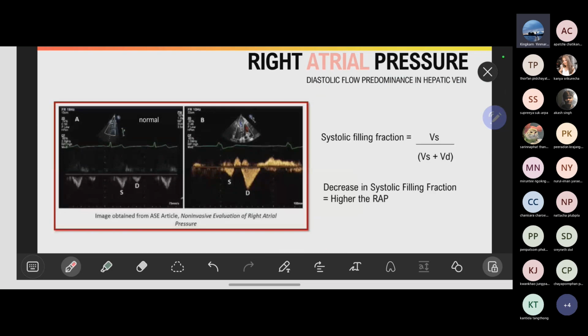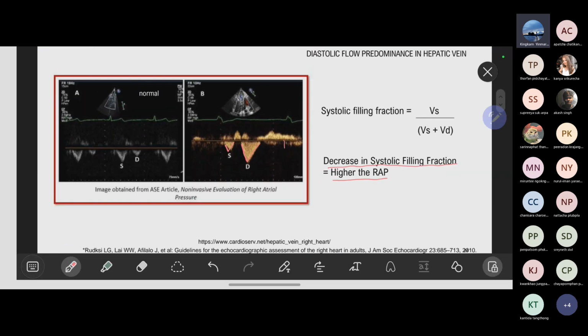In a patient with elevated right atrial pressure, the S wave is less than the D wave, so there is a decreased systolic filling fraction, which indicates elevated right atrial pressure. If you see this slide, that means the patient has high right atrial pressure.